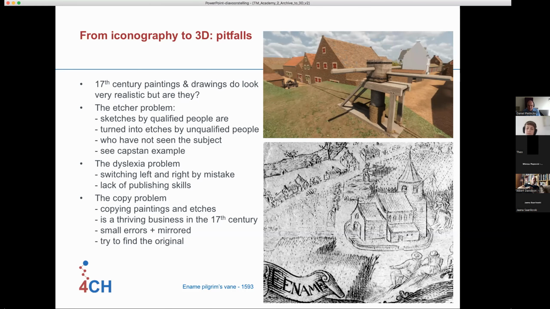That's also because at that moment in the 17th century, they were only starting to publish graphical stuff. So they did not yet have the kind of publishing skills and editorial skills that we have today.